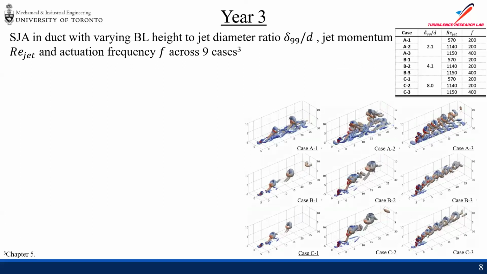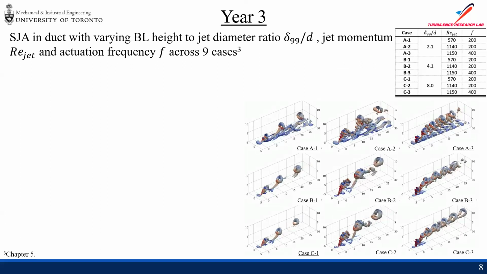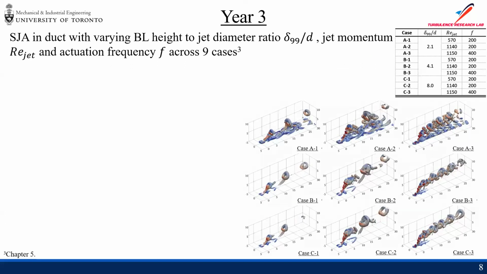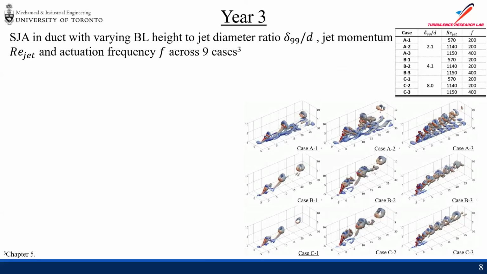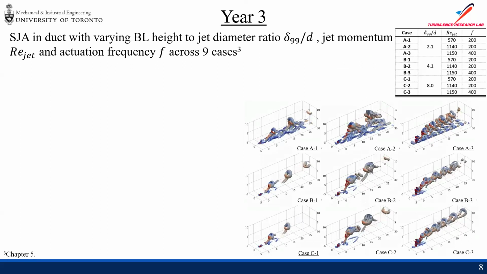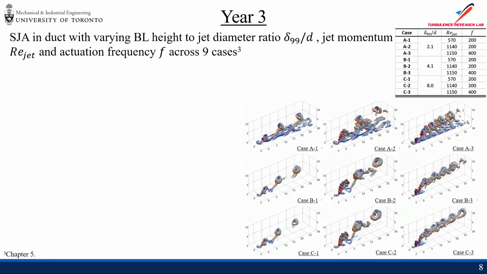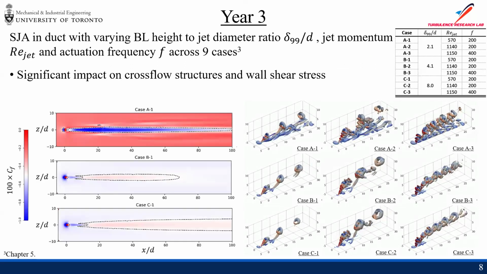What I saw was that all these parameters have quite significant impact on the SJs in a crossflow environment, and not just on the structures, but also close to the wall, especially with the boundary layer height ratio.